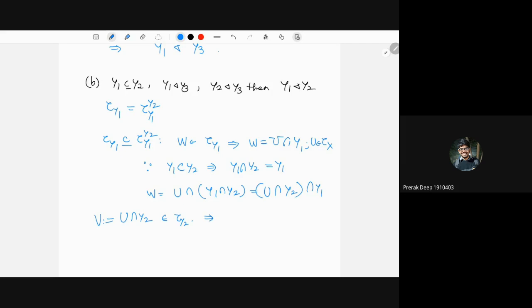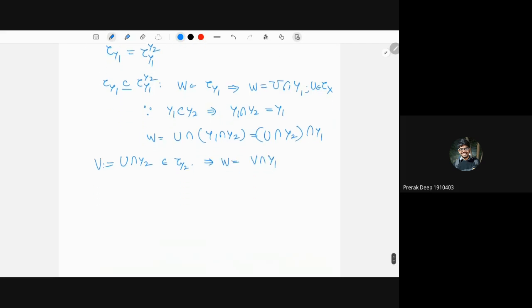So this will imply that w is nothing but v intersection y1, so w is in the element.